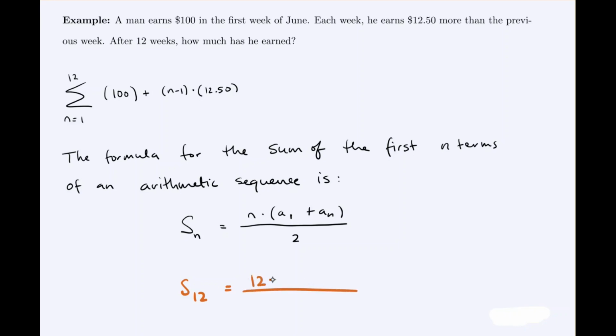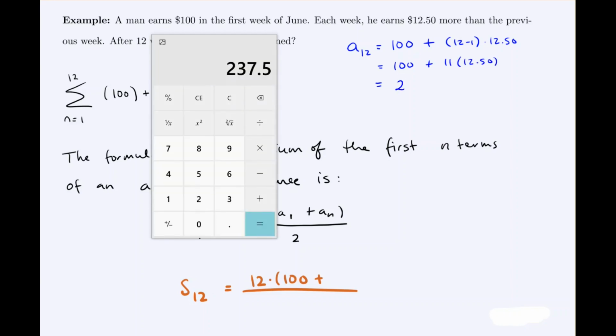Our first term is $100, and we do need to find how much money he's making in the 12th week, so we'd say a sub 12 is 100 plus 12 minus 1 times $12.50. That's equal to $100 plus 11 times $12.50. And we'd see that in the 12th week, he is making $237.50.